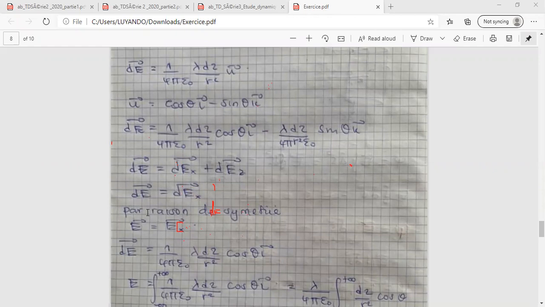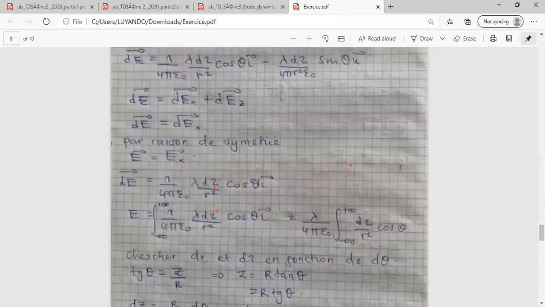So I'm going to have horizontal symmetry, E is equal to the field in the x direction only, because in our y direction, we said that our field was going in the opposite direction and it gave us 0. So the field is this guy only in the x direction, because in the y direction it's equal to 0.